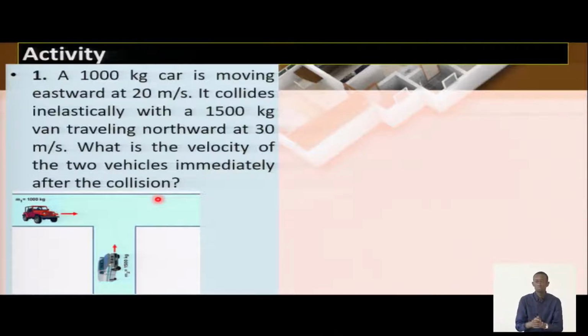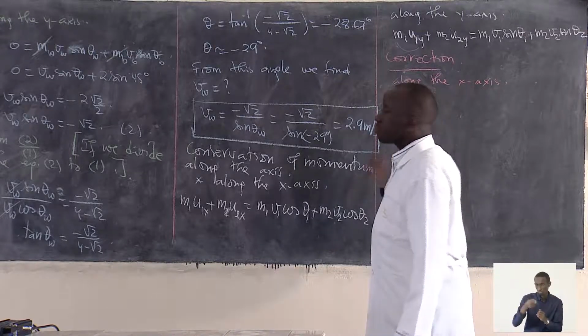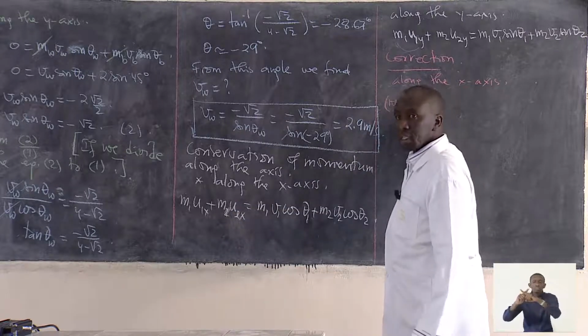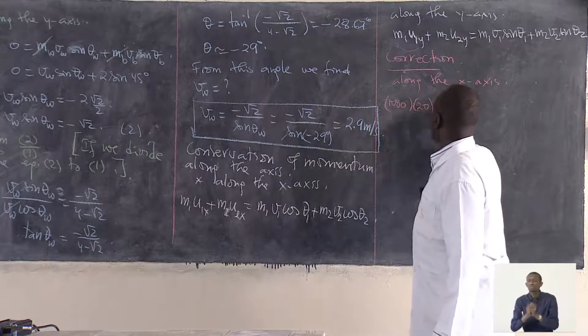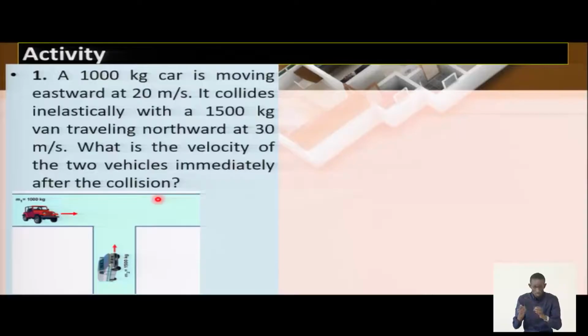So look, the mass M1 is 1,000 kilograms, times the speed along the x-axis. The speed is 20. Then plus, do we have the speed of the second car along the x-axis?